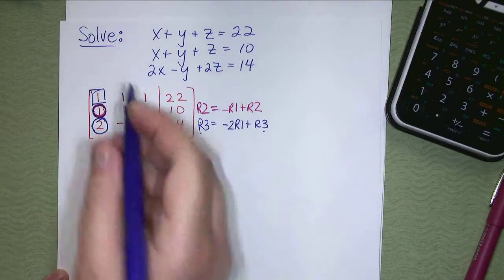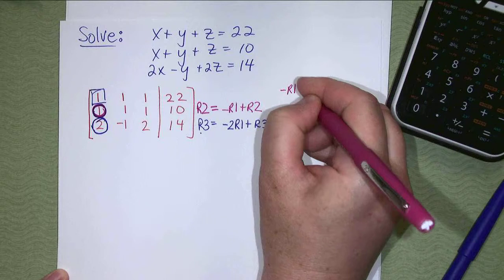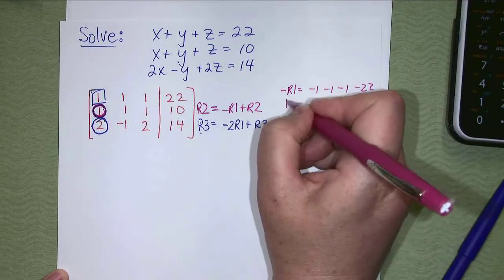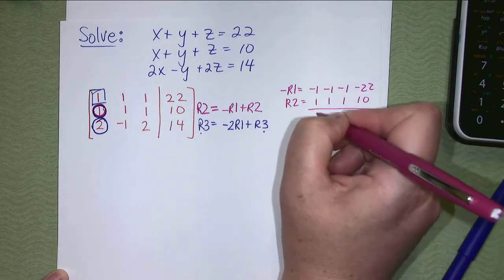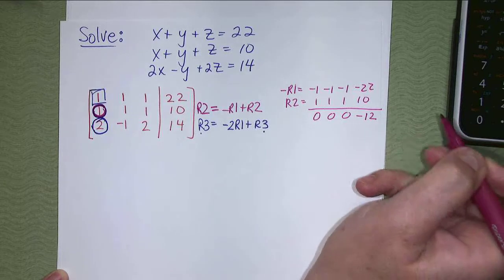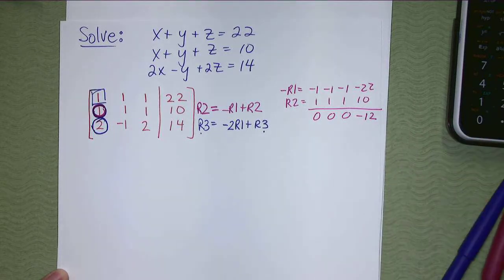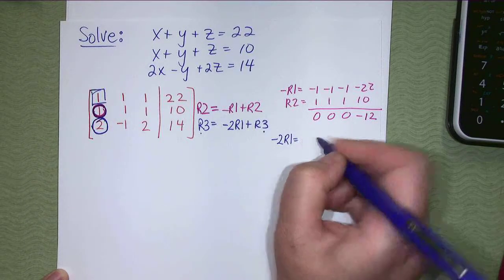So minus row 1, minus 1, minus 1, plus row 2, zero, 0, 0, minus 12. Minus 2, minus 2, minus 2.